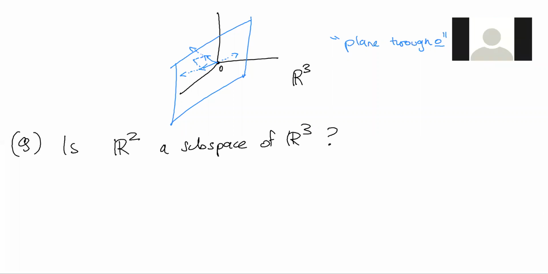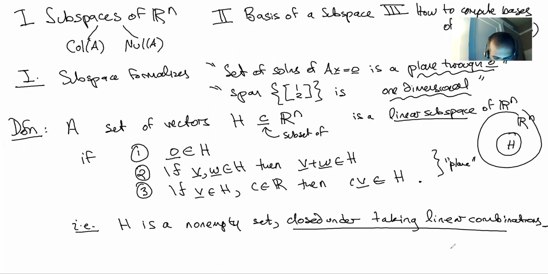Okay, so let's look at the definition. Why is or isn't it a subspace? Well, R2 contains the zero vector, and if you add any vectors within R2, you're going to get a vector within R2. And the same thing for scalar multiplication. Okay, that's true, but there's one very important thing we didn't check.